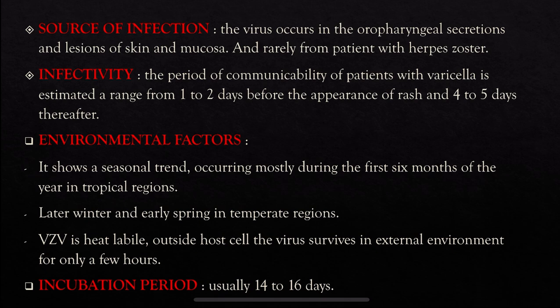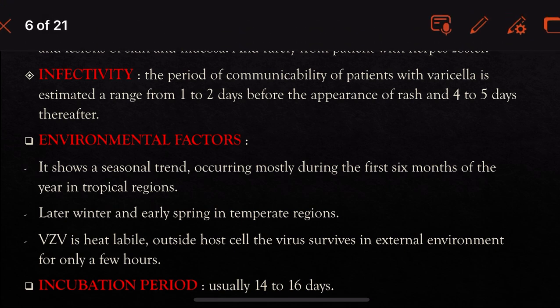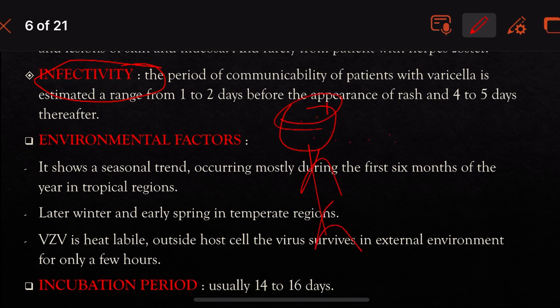Moving further to the infectivity, the period of communicability of patients with varicella is estimated to range from 1 to 2 days before the appearance of rash and 4 to 5 days thereafter. So what did we discuss now? The infectivity period. We see here this person was infected from the nasopharyngeal secretions, and the other person got the infection.